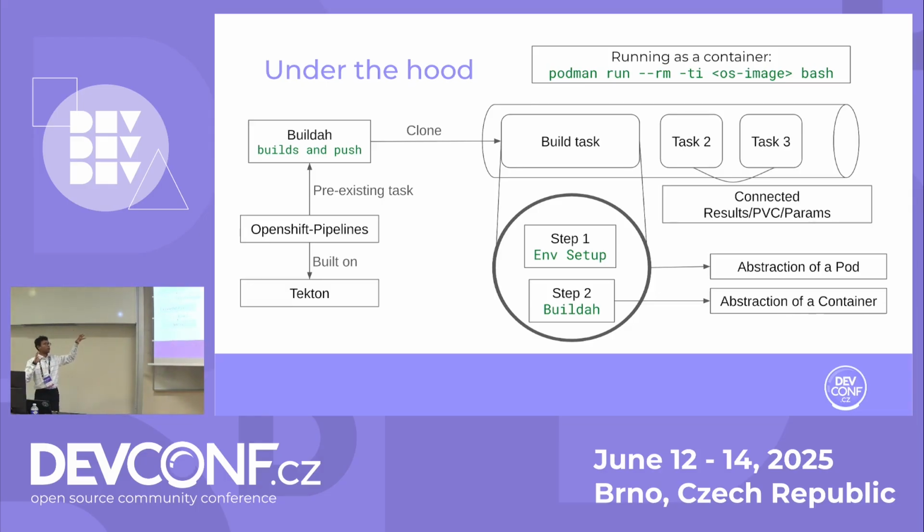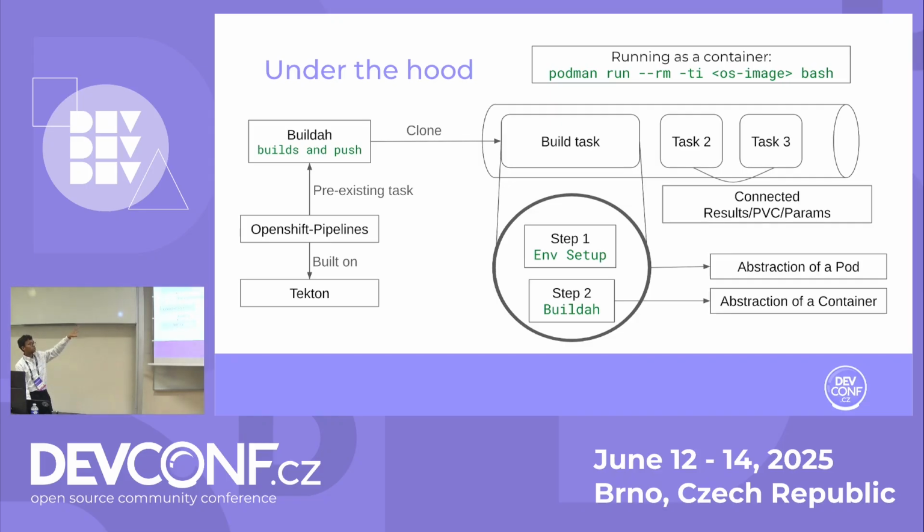Just to give a brief about how these work, they have the concept of a step and a task. A step can be abstracted to a container, while a task can be abstracted to a pod. So a pod can have several different containers. Moreover, you can have several different pods which run in a sequential manner.